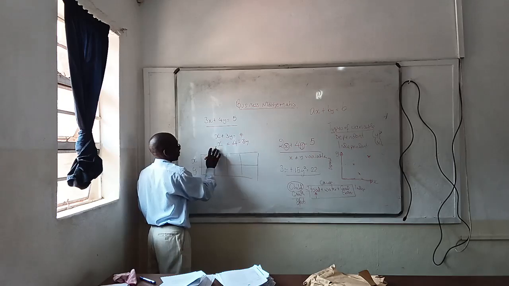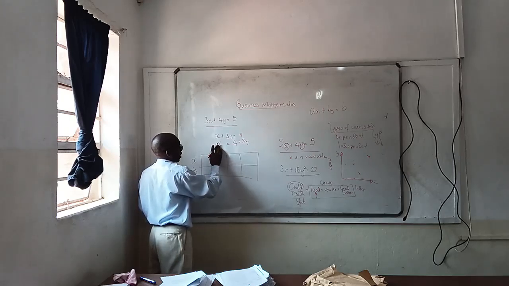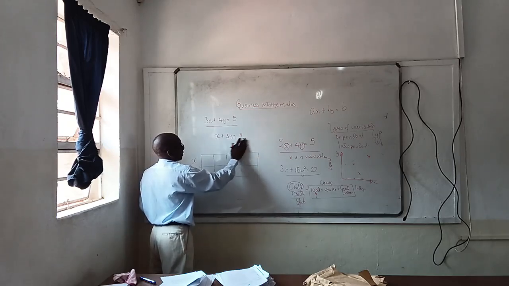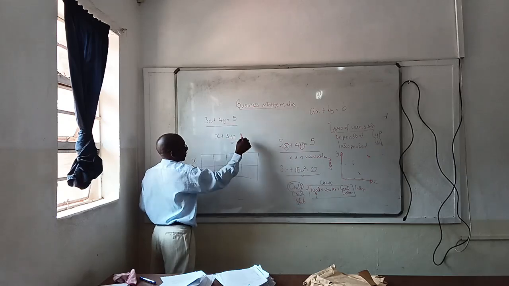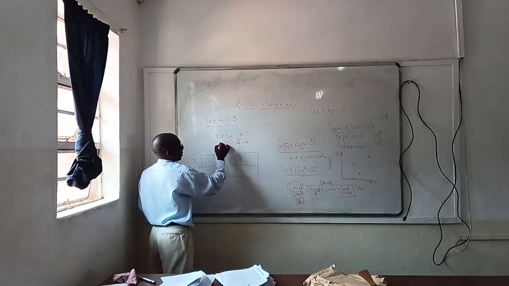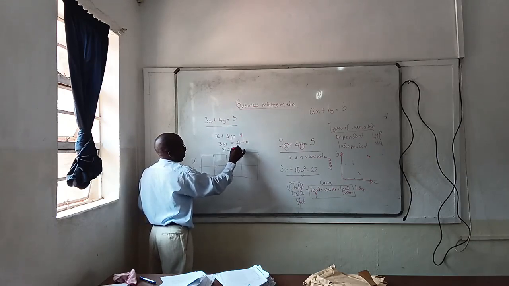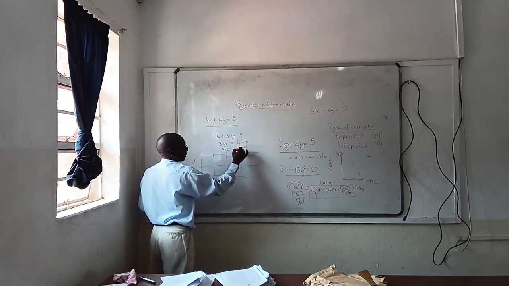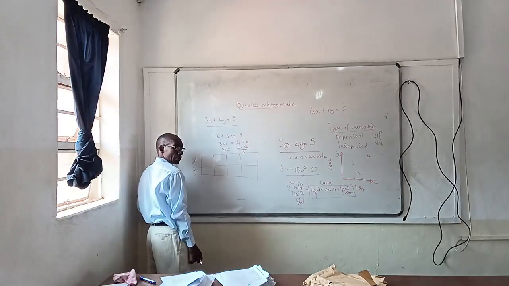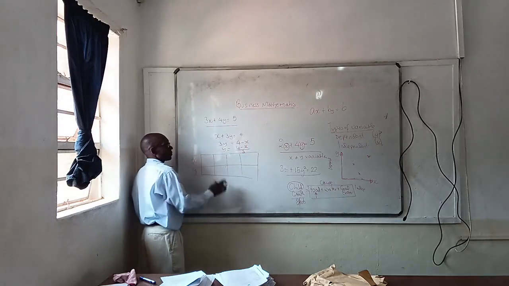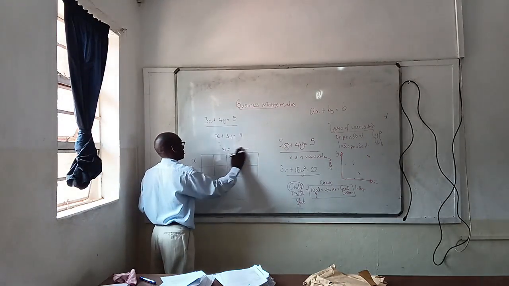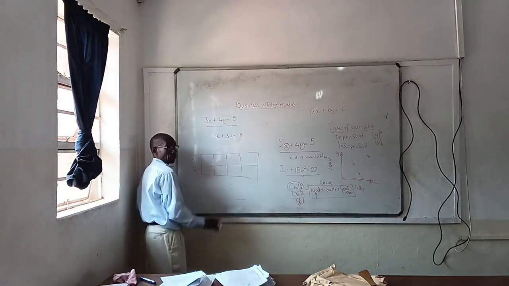Or let's put y. Let's make y the subject of the formula. 4 minus x is equal to 3y. Therefore, y is equal to 4 minus x divided by 3. You understand what I'm doing here? This is the equation, right?